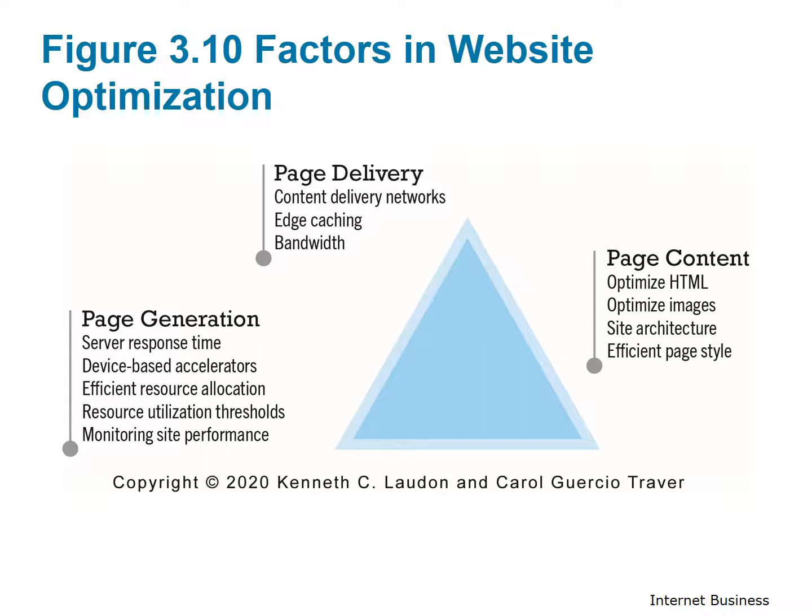pertaining to each factor. First, page delivery, which includes content delivery network, caching, and bandwidth. Second, page generation, which includes server response time, device-based accelerators, efficient resource allocation, resource utilization threshold, and monitoring site performance.